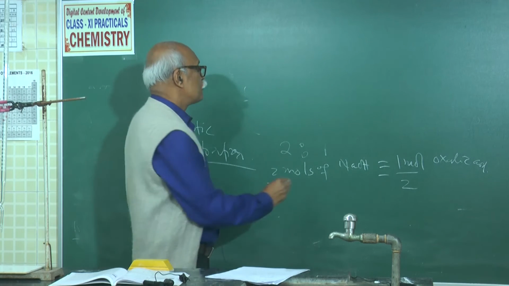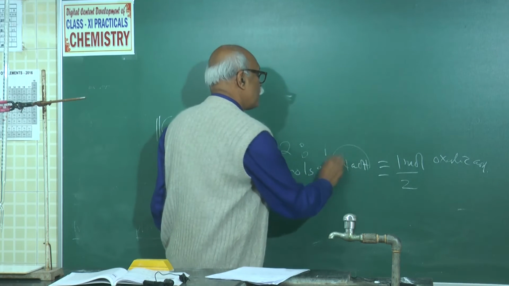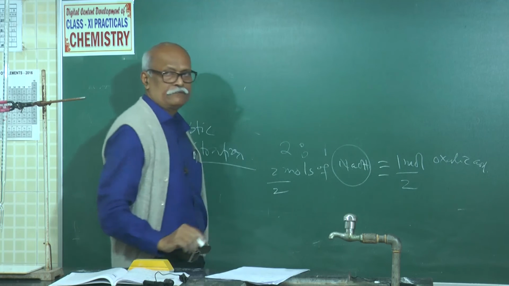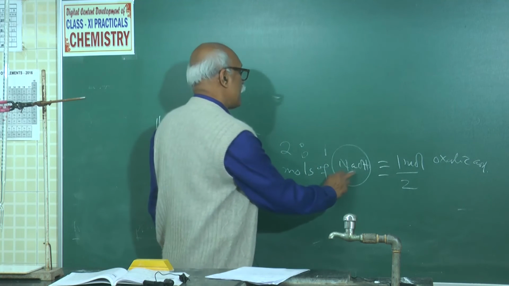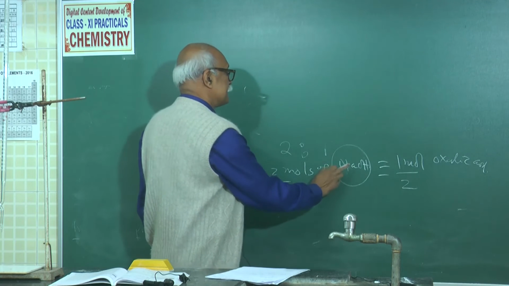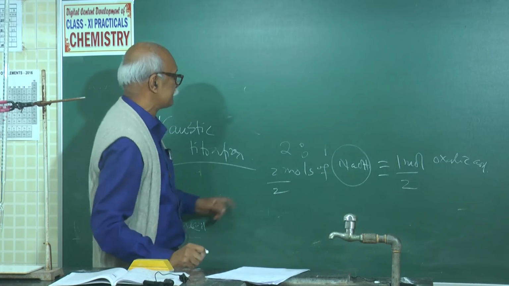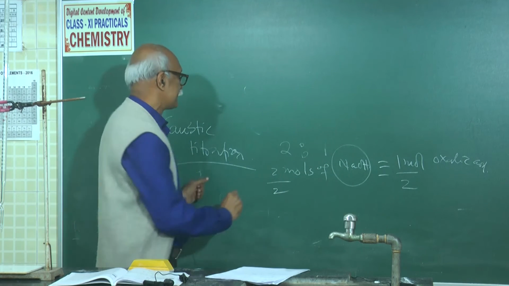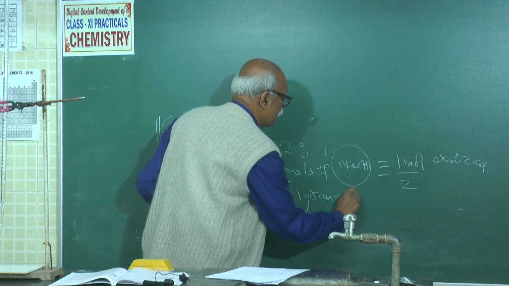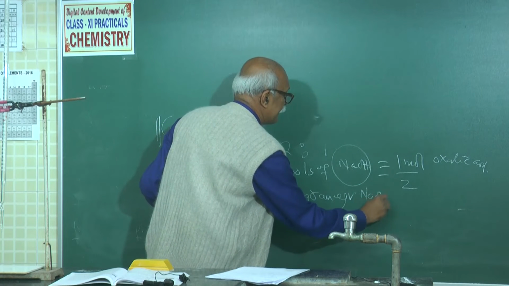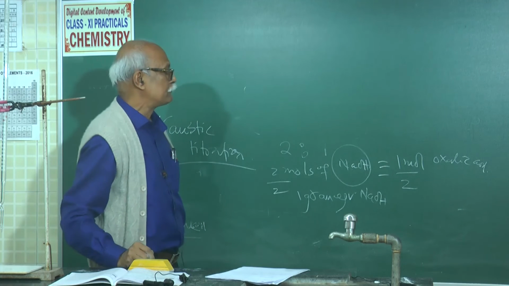Now you see, sodium hydroxide is a monoacidic base. As basicity is 1, its molar mass is equal to equivalent mass. So 1 mole of sodium hydroxide, you can very well write as 1 gram equivalent of sodium hydroxide.